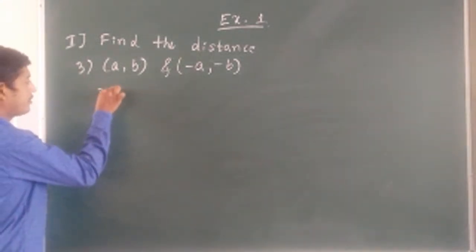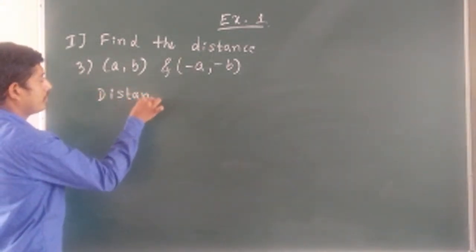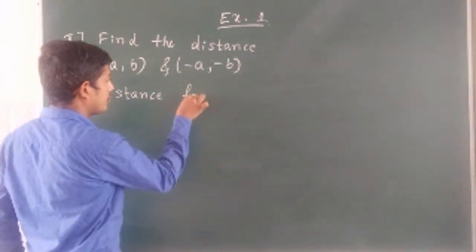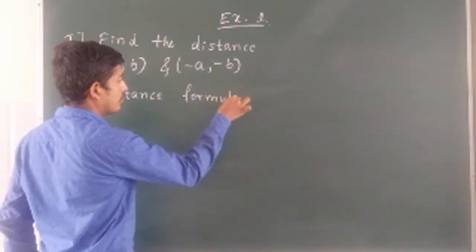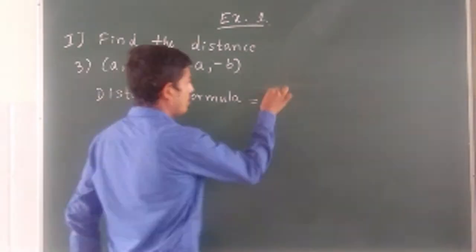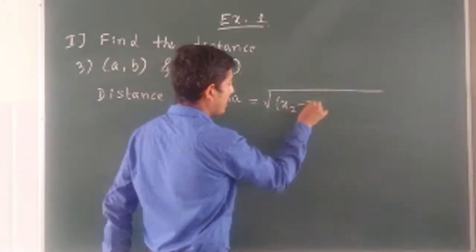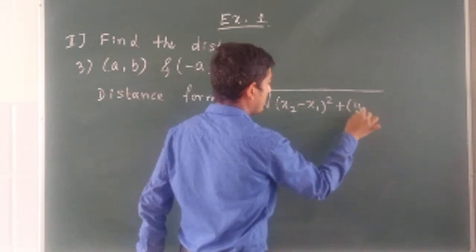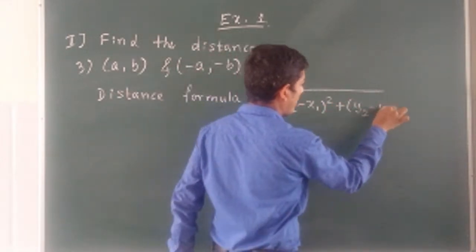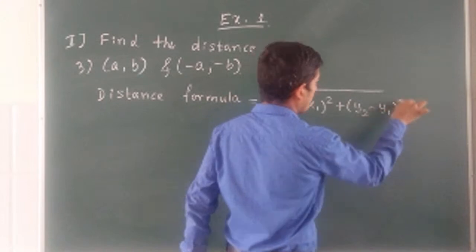Distance formula: that is equal to square root of x2 minus x1 whole square plus y2 minus y1 whole square.